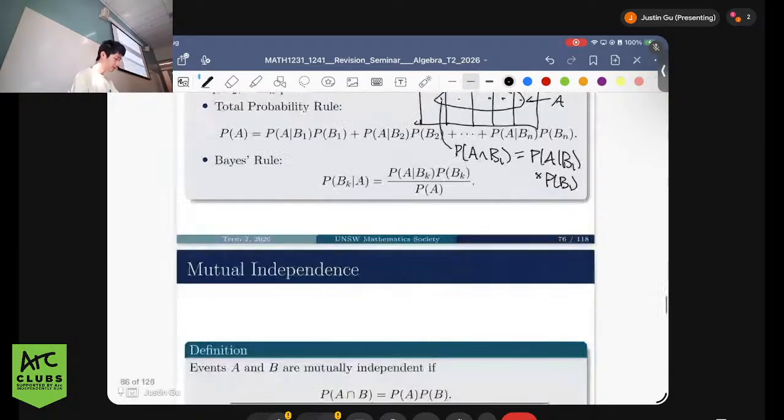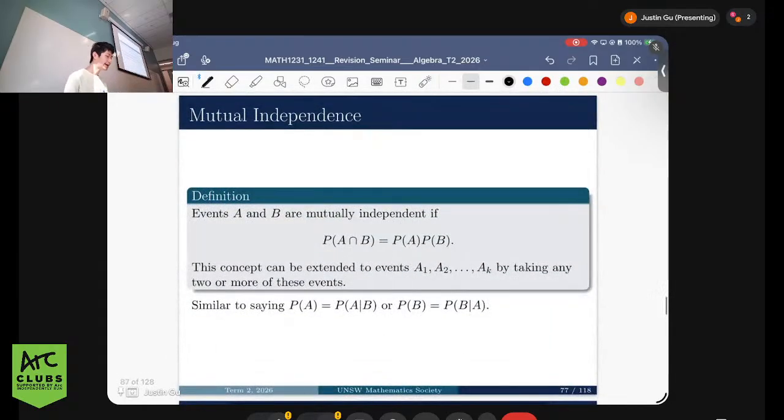Okay, so mutual independence. We say events A and B are mutually independent if the probability of A and B is equal to the probability of A times the probability of B. Why do we define it like that? Well, if two events are independent, then the probability of A given B should just be the original probability.